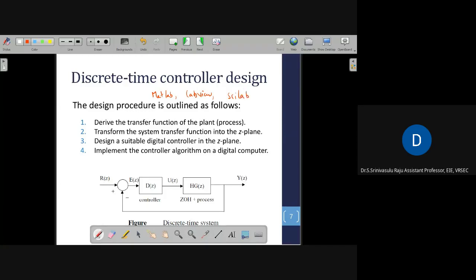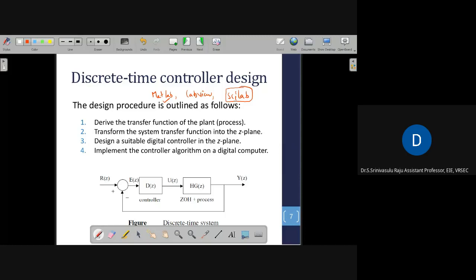I think all of you may have heard about Scilab. It's open source software like Python. You have the simulation blocks corresponding to control systems, signal processing, and DSP. Most probably we prefer MATLAB to implement the control algorithm for any process.